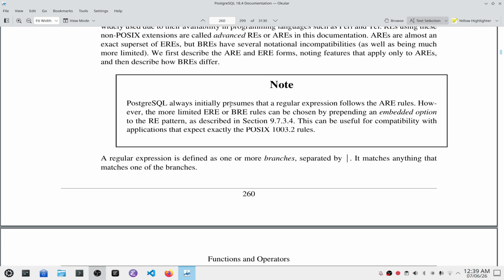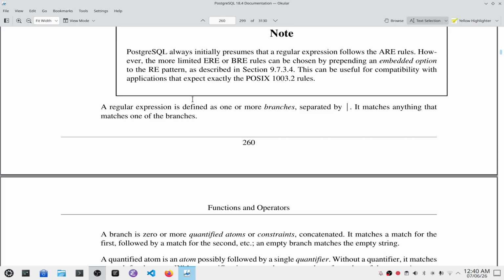PostgreSQL always initially presumes that a regular expression follows the ARE rules. However, the more limited ERE or BRE rules can be chosen by prepending an embedded option to the RE pattern, as described in section 9.7.3.4. This can be useful for compatibility with applications that expect only the POSIX 1003.2 rules.